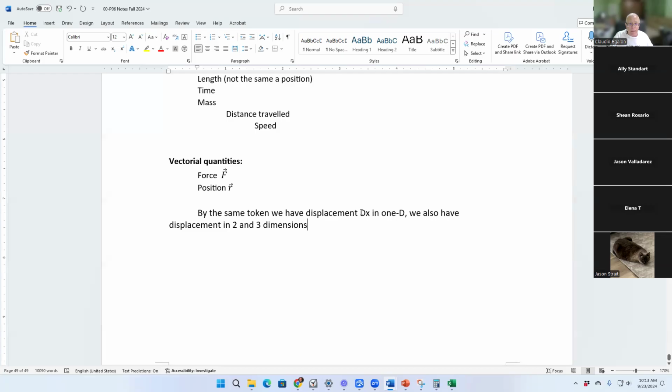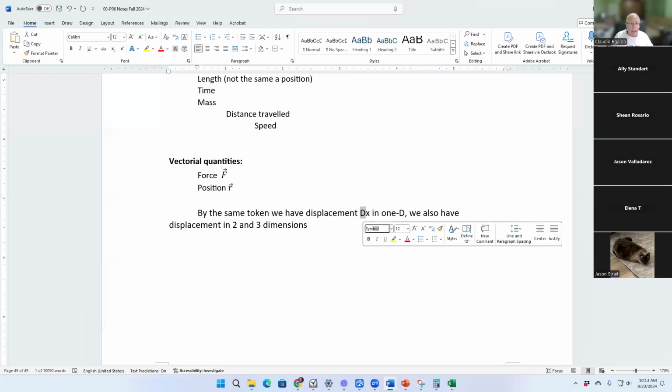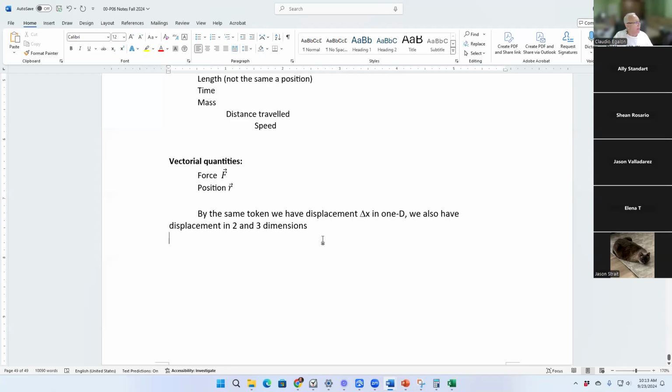If in 1 dimension we represent the displacement by delta x, in 2 and 3 dimensions we represent the displacement by delta R.